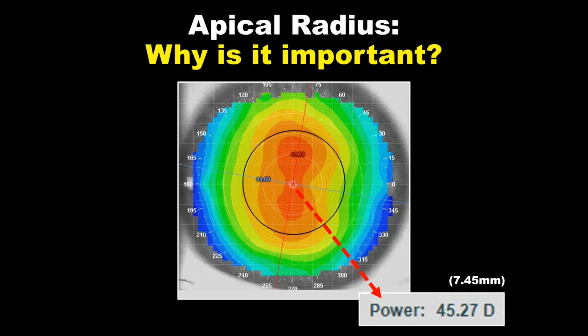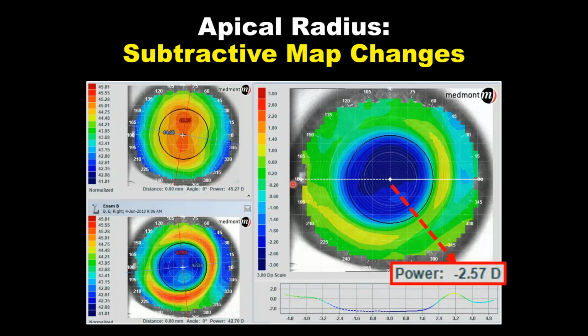Now, this is an important value because this is the point that is directly related to line of sight and the fixation point of the patient. So if this radius is steep or flat, that of course will affect how light is bent to the retina. So apical radius is a very, very important value related to a lot of different applications in contact lenses.